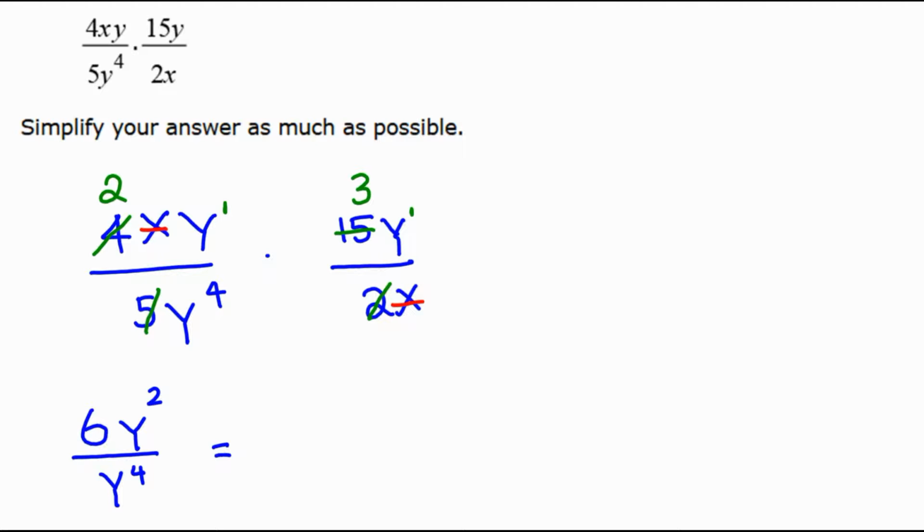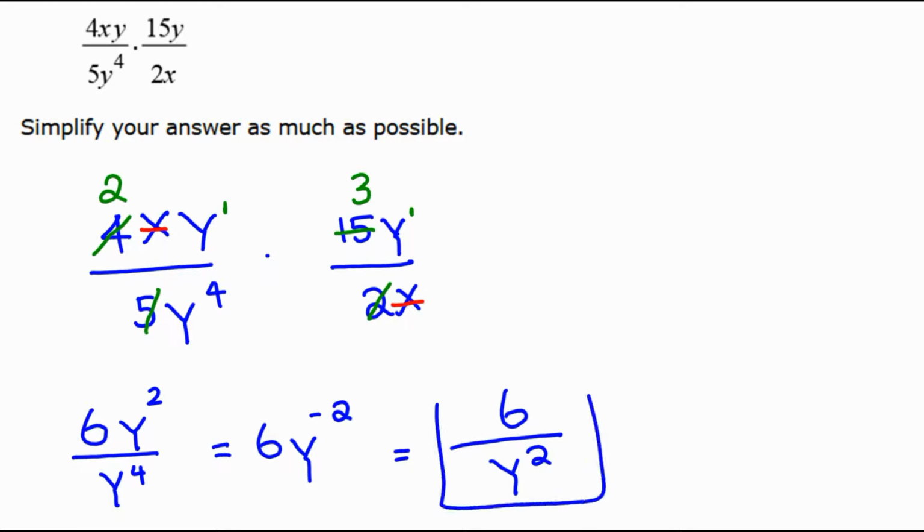Since we have 2 and the 4, we're going to subtract them. That's going to leave us 6y to the negative 2. We don't leave any negative exponents, so I'm going to change that into positive. To change the negative into positive, you bring that to the bottom and change the negative into positive. So that should be the simplified answer.